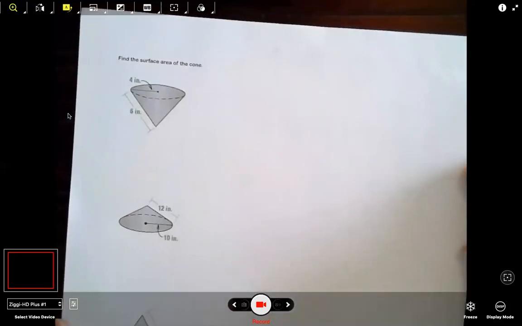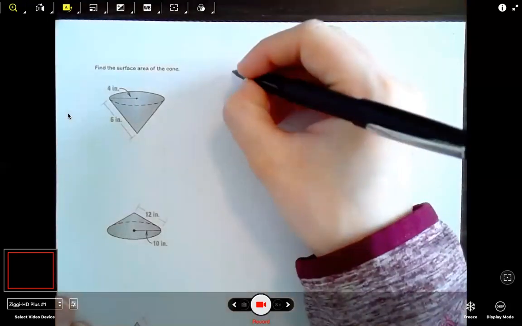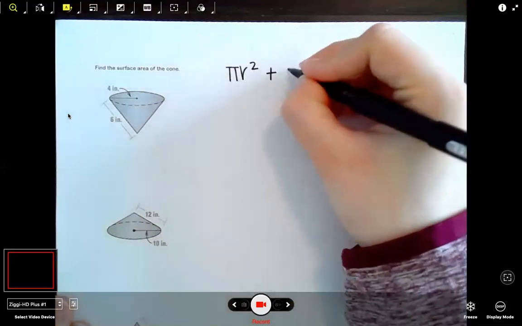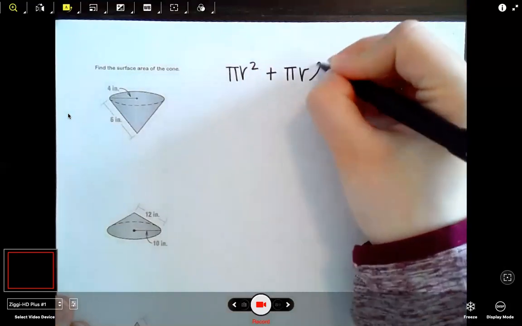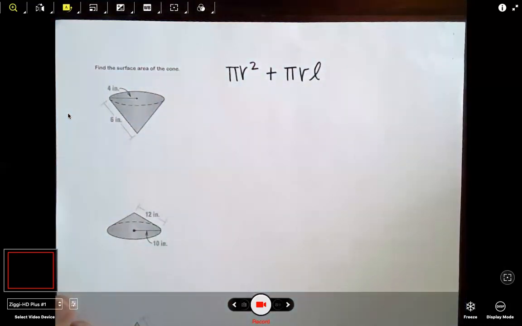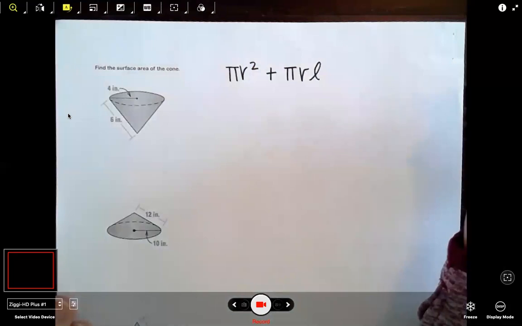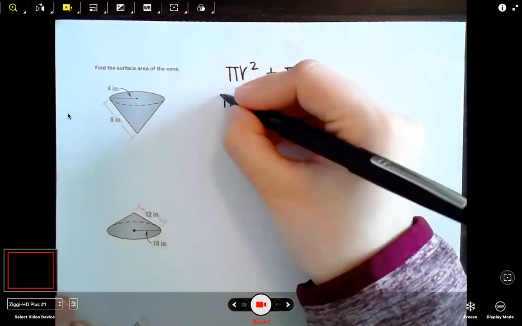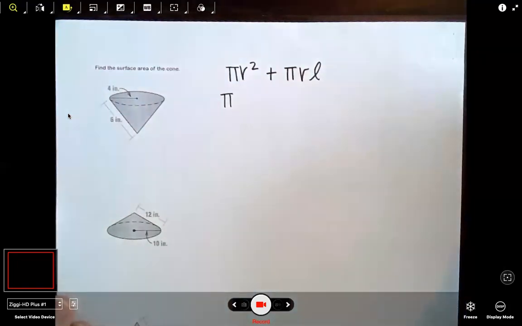So it says find the surface area of the cone. So let's start off with our formula, pi r squared plus pi r L. Okay, so we need two things. We need our radius and the slant height. So let's start here. Do we know what our radius is?